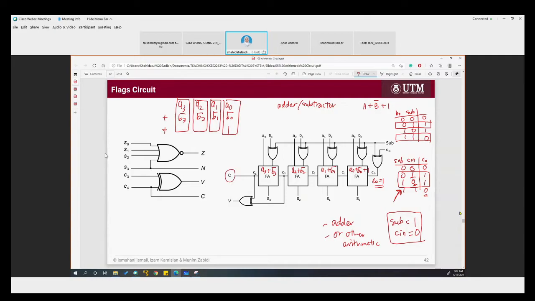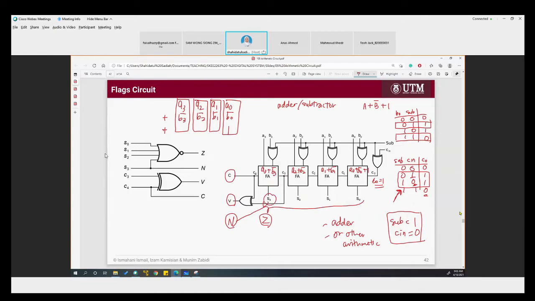The C flag, the carry. V flag is the XOR of the carries. And then Z flag is when all sum is 0, and then N flag is the S3.